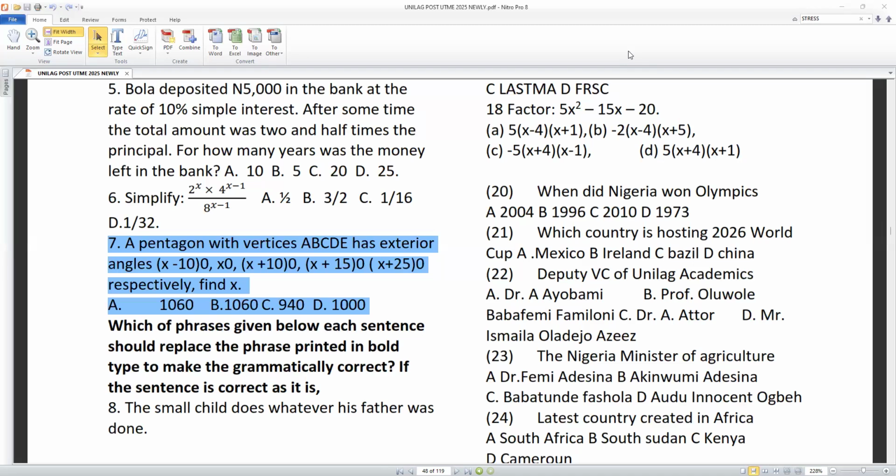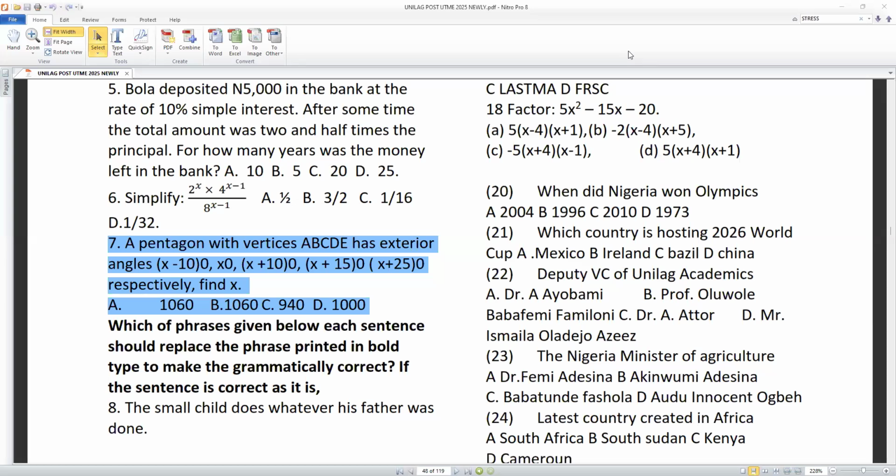So the question is sum of what? You just have to understand that the sum of the exterior angles of any shape is 360.